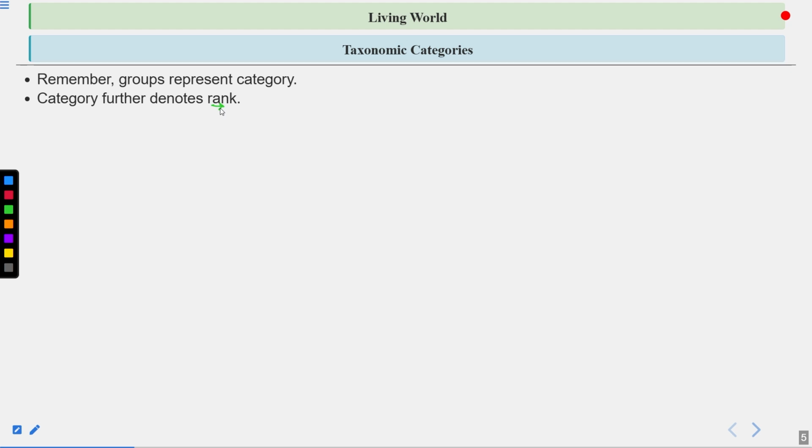If you take the example of your workplace, your office, hierarchy exists there also. So there are different ranks, like there are different ranks in the army. So in nature also, different ranks and different levels exist. Each rank or taxon, in fact, represents a unit of classification.